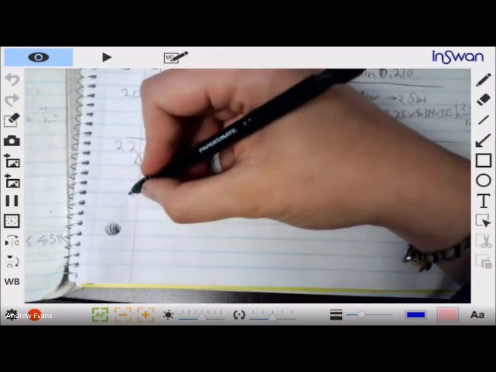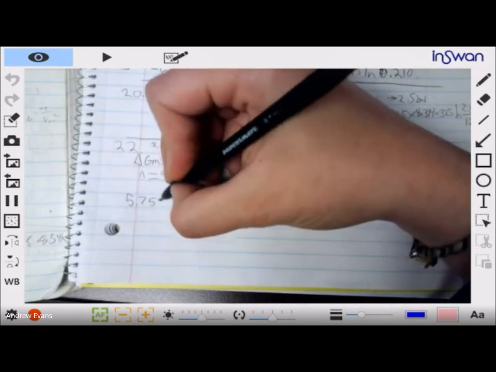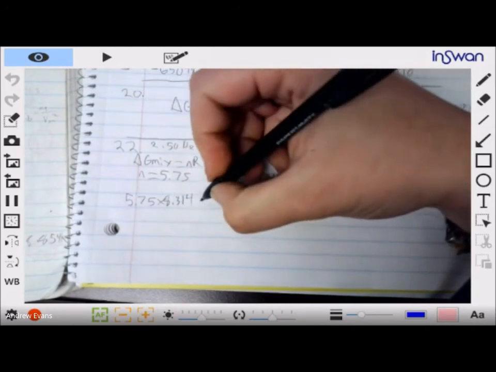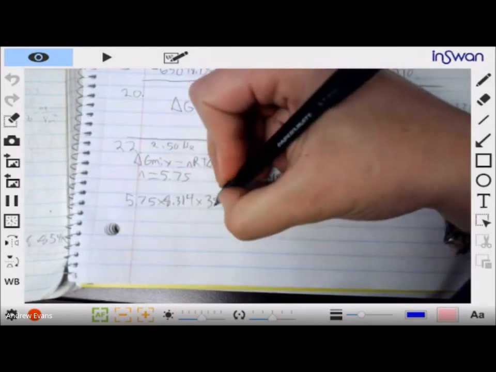Now, the only difference between Gibbs mixing and entropy of mixing is the temperature. So, 5.75 times R times T to get our Gibbs mixing.